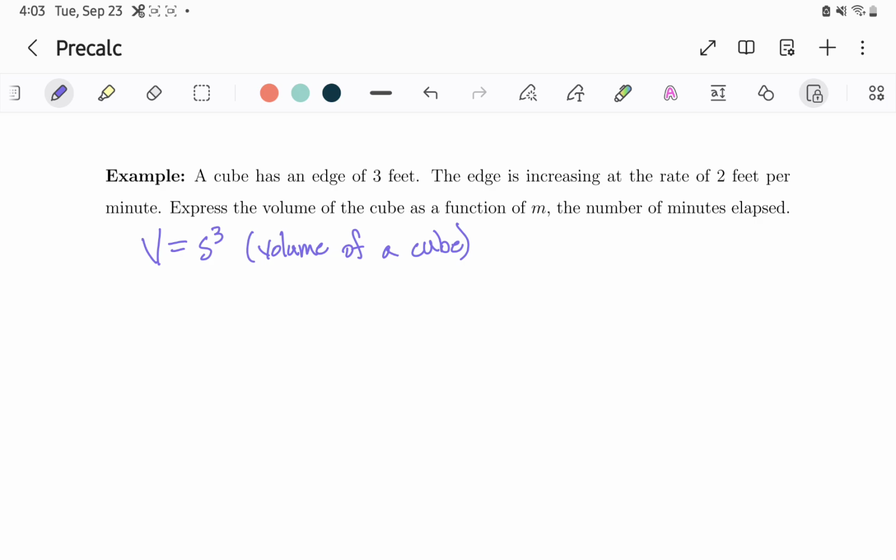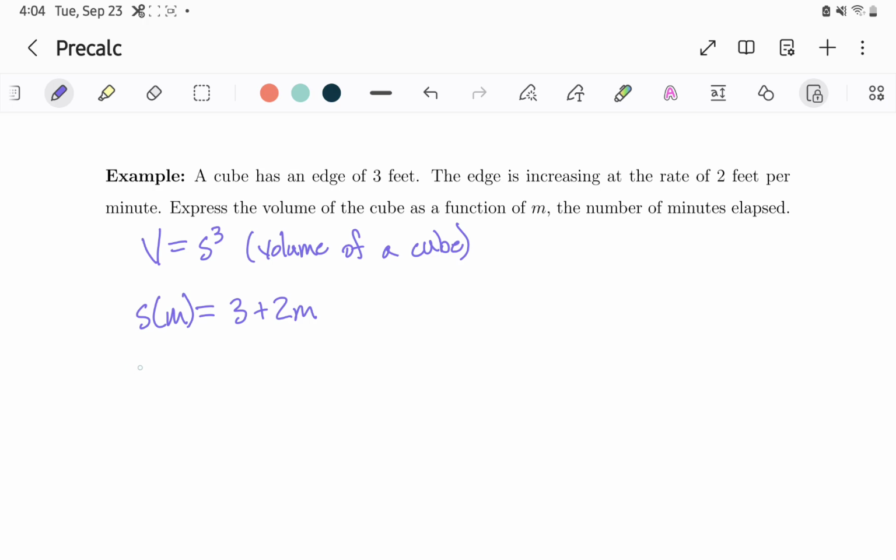Okay, and then we want to think, we can express the value of s as a function of m. So we're told that s of m from the information in the problem here is going to be equal to 3 feet, the initial length of the edge, plus 2 times m, because it's increasing at 2 feet per minute. So after 1 minute, the length of the edge will have increased by 2 whole feet.